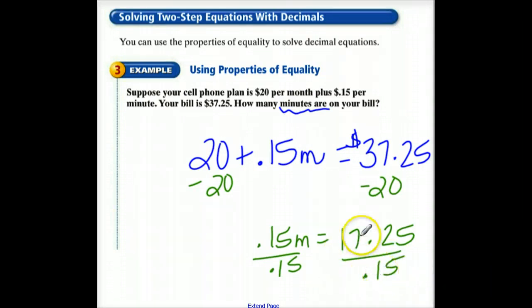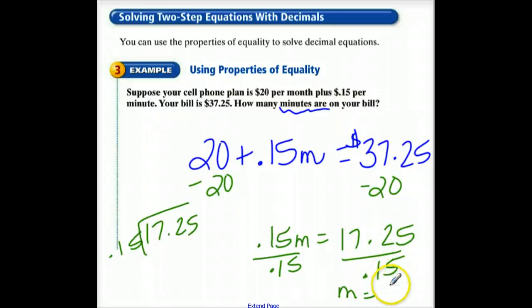When I do this, we could do it the longhand, 17.25 divided by 0.15. I'll also let you use your calculators. M equals 17.25 divided by 0.15. 115 minutes is your final answer.